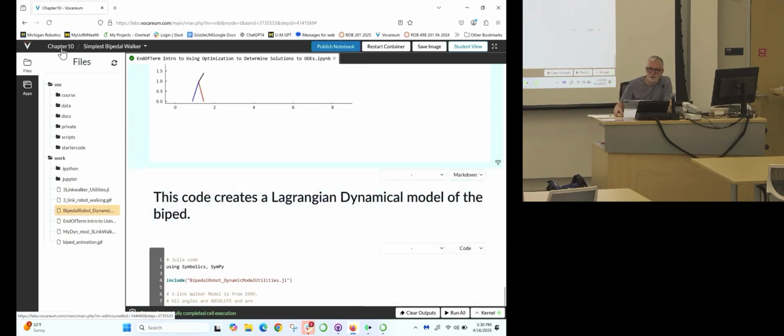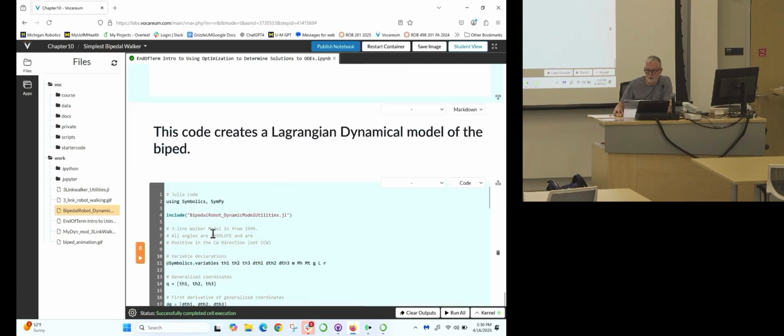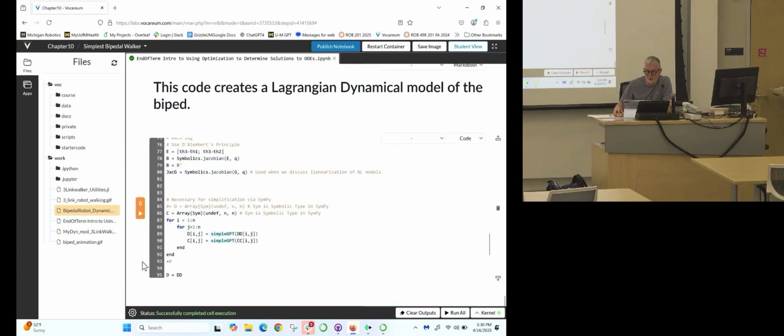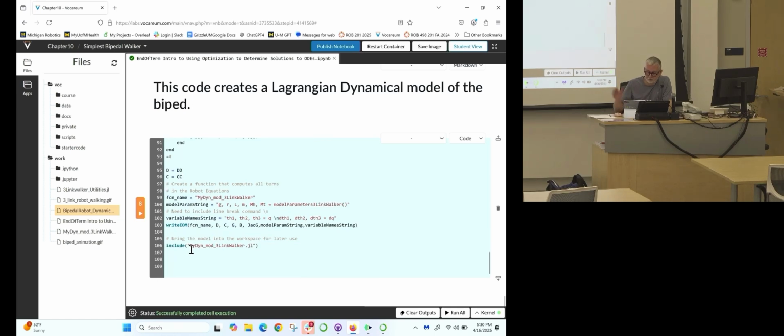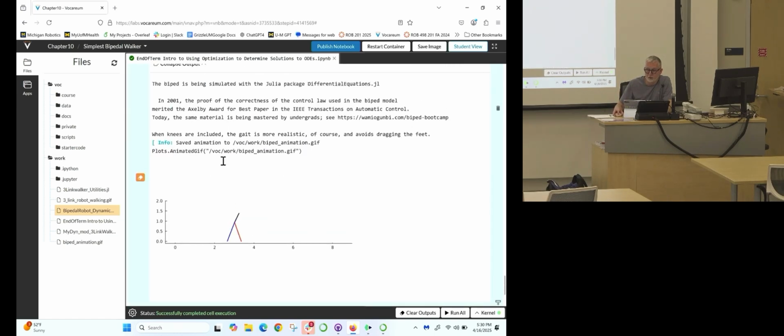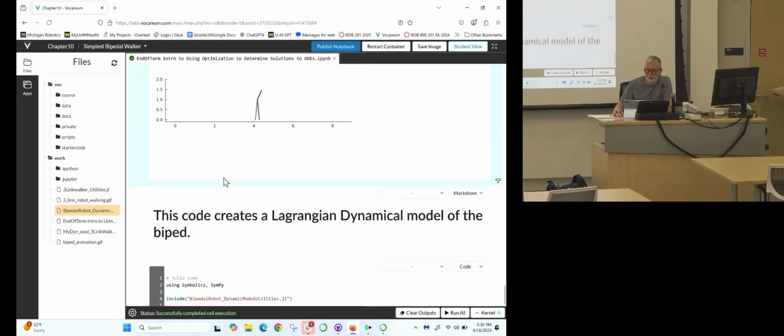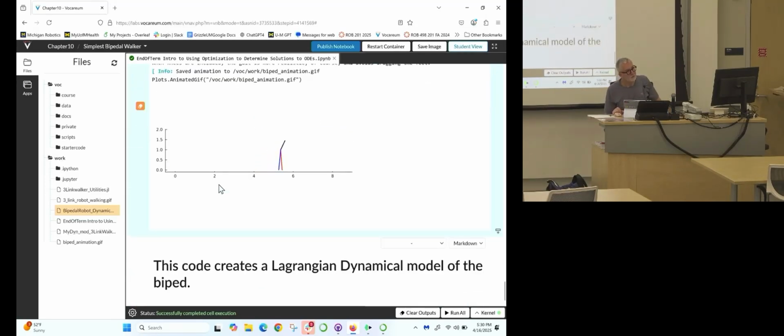You just go to chapter 10, there are 4 different things there, and the code that generates the Lagrangian model of the biped is given. You need a little bit more than just this, but it's already a great start. And if your team gets to a point where you want more than this, happy to help you out.